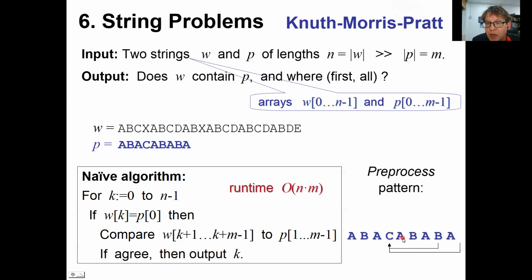And similarly here, if we have ABA, then we should resume looking for the next one. If this is the end of the pattern and we get here, then we have found a match. And if we're looking for the next match, we don't start from scratch here, but start here, because we've already found ABA.